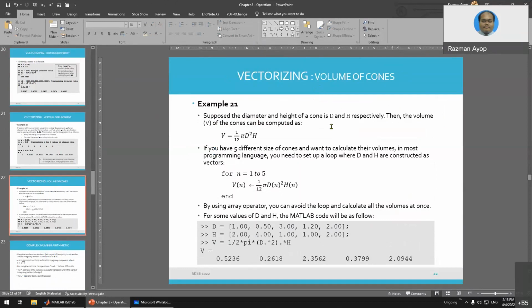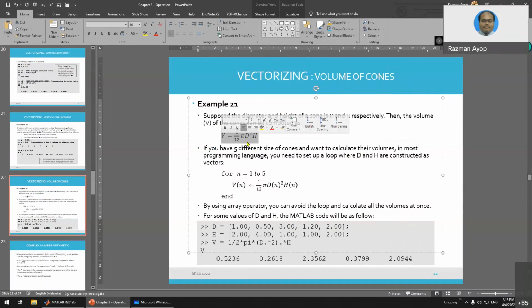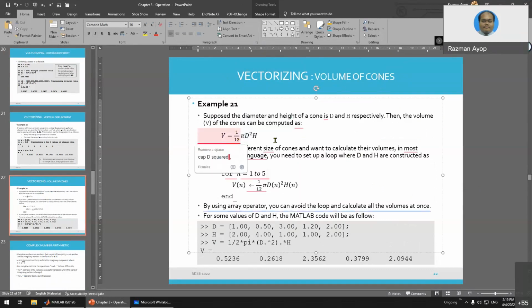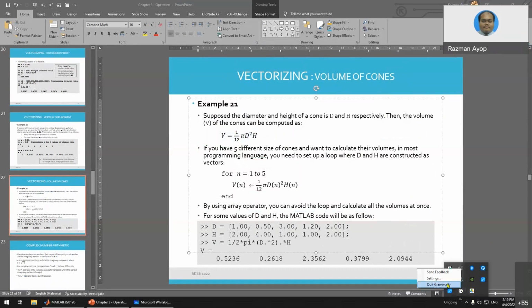So this one is where two parameters change: the volume of a cone. How to calculate the volume of a cone? 1 divided by 12 pi, D squared H, where D is the diameter and H is the height.